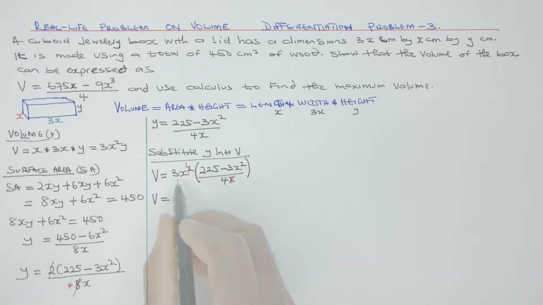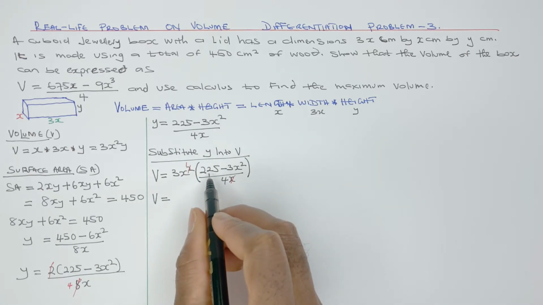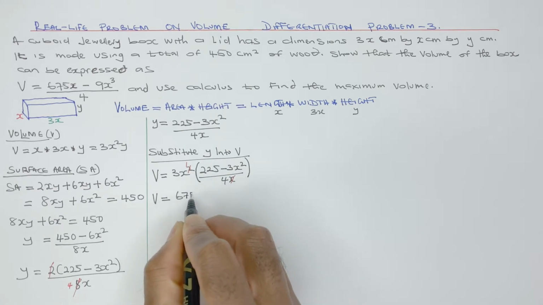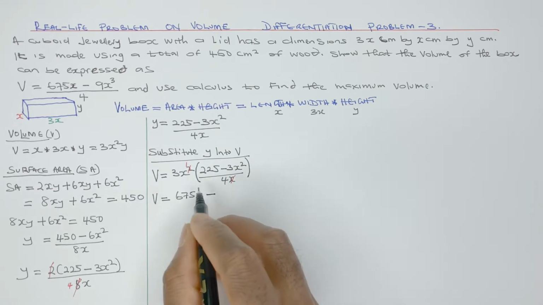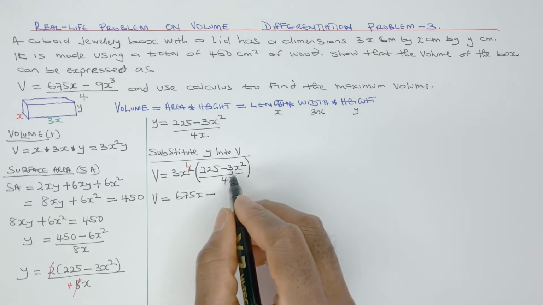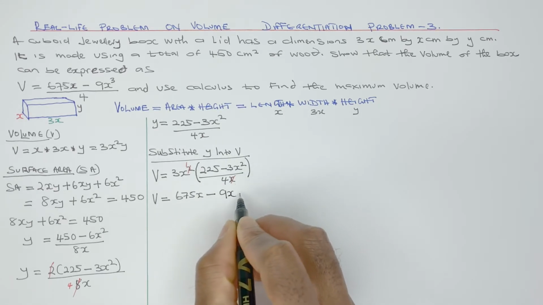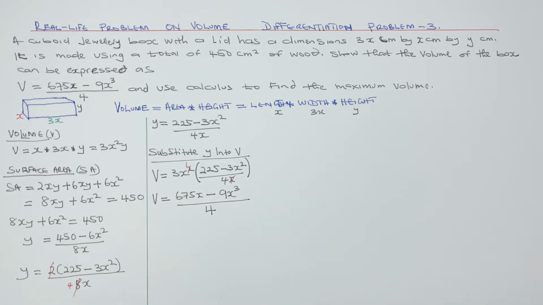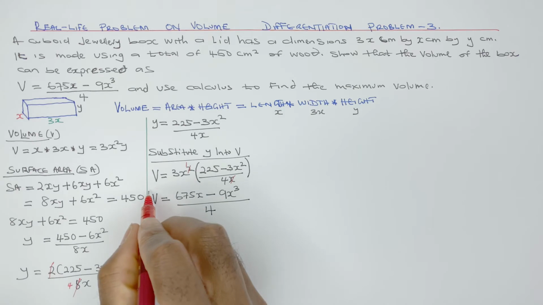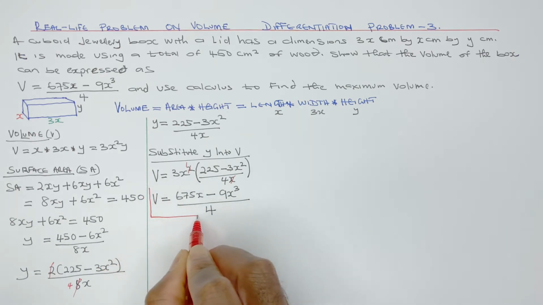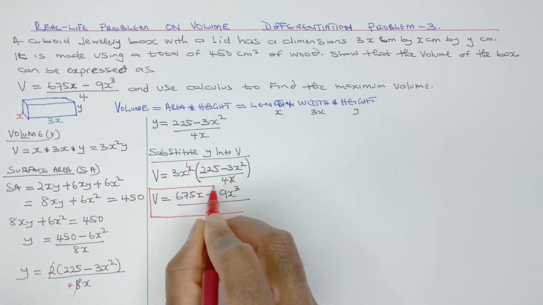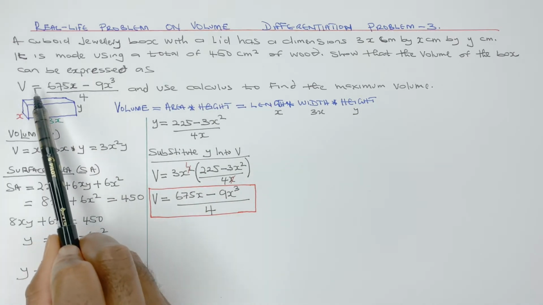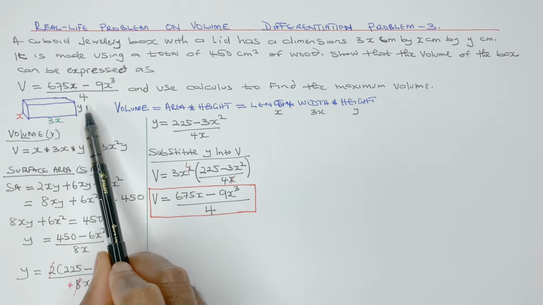So you got 1 there. 3x times 225 will be 675x minus 3x times 3x squared, 9x cubed over 4. So that's the volume we're supposed to prove. In the question, it says we need to show that expression, and we've done that.